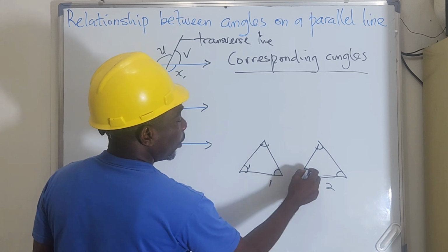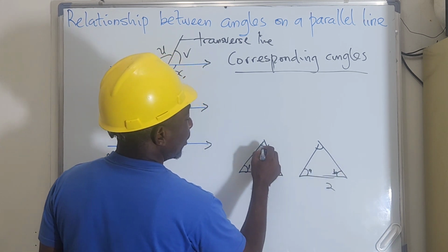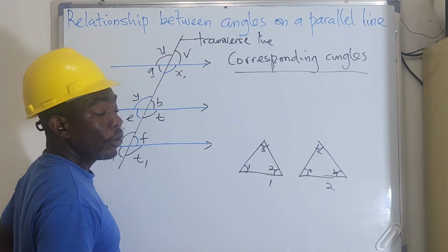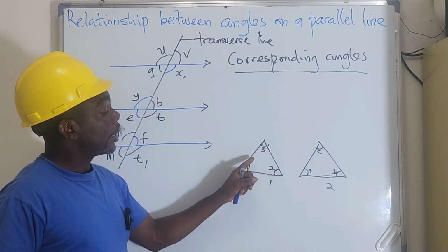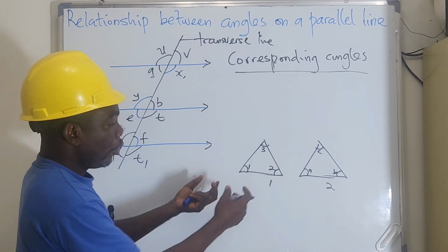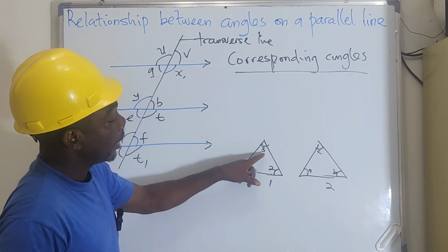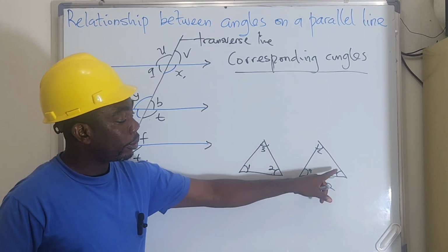Let's say angle 1 will match A, angle 2 will match B, angle 3 will match C. So 1 equals A, they are corresponding. 3 corresponds to C, and 2 corresponds to B.